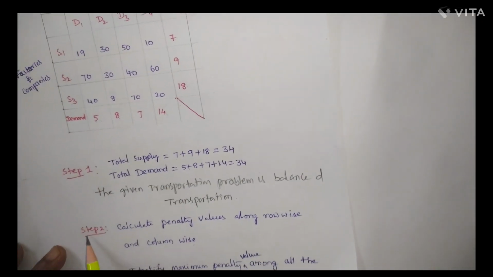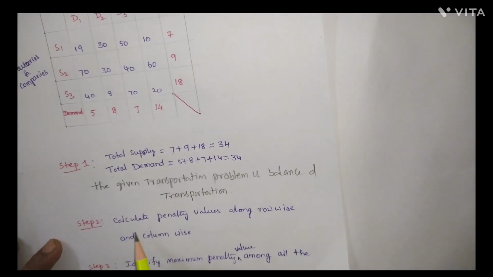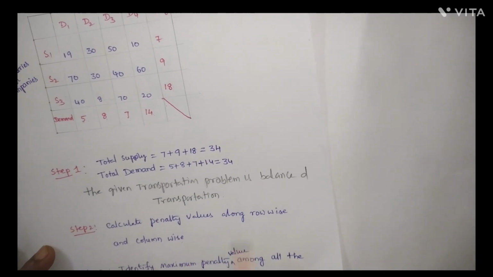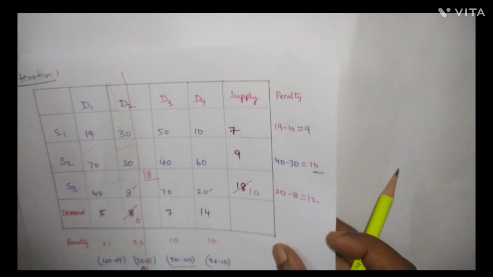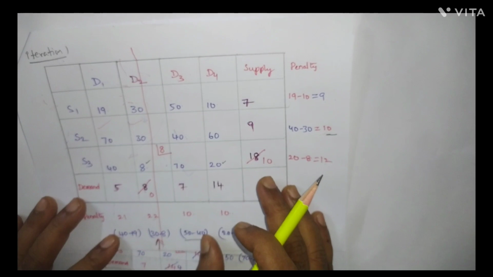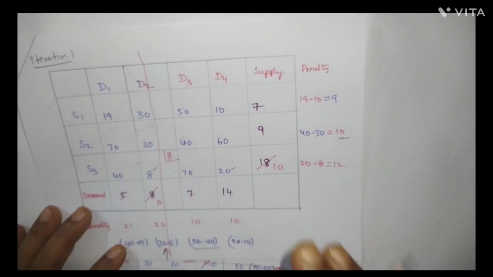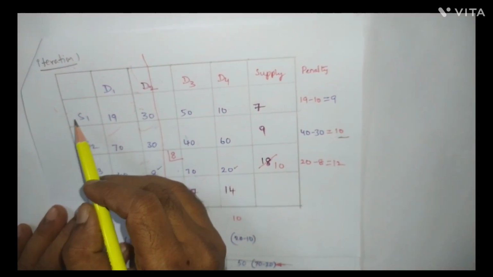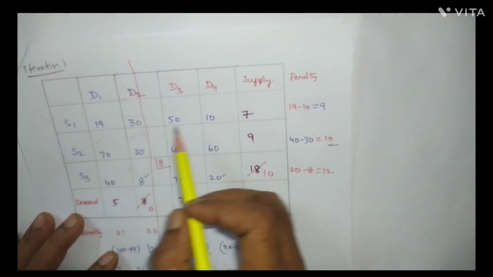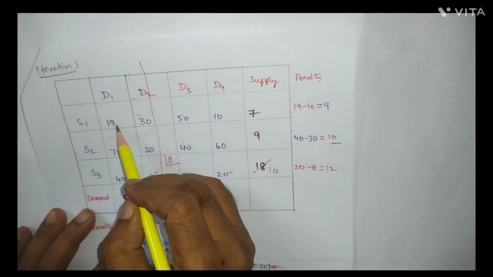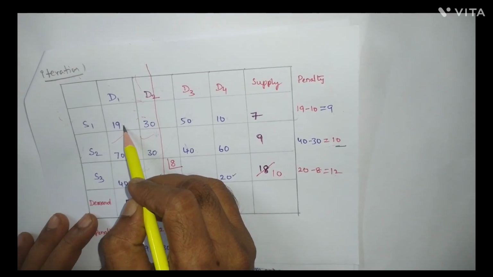Step 2. Calculate penalty values row wise and column wise. Penalty is the difference between the first minimum and the next minimum. In the first row, S1, the minimum cost is 10, the next minimum is 19. 19 minus 10 equals 9.